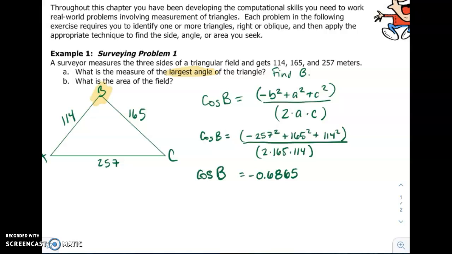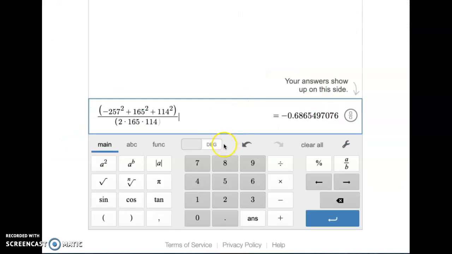Hopefully you're not thinking that that is a reasonable answer for an angle measurement, because we still need to take the inverse cosine to the other side. Normally we don't get angles that small unless the problem would make sense for it to be that small. So we still need to take the inverse cosine of the other side, and we're going to be in degree mode for this. I'm in degree. I can see that right there.